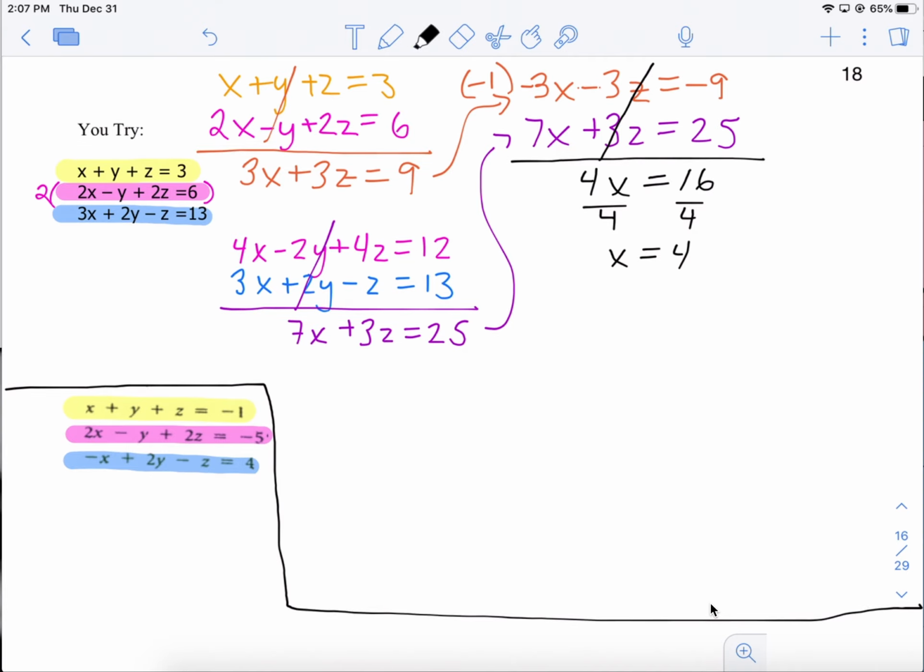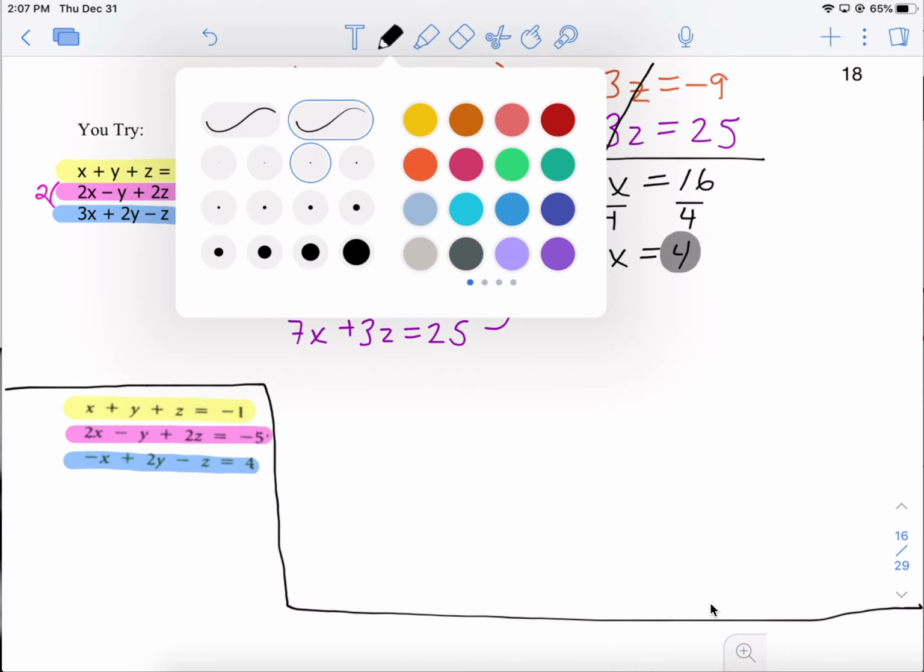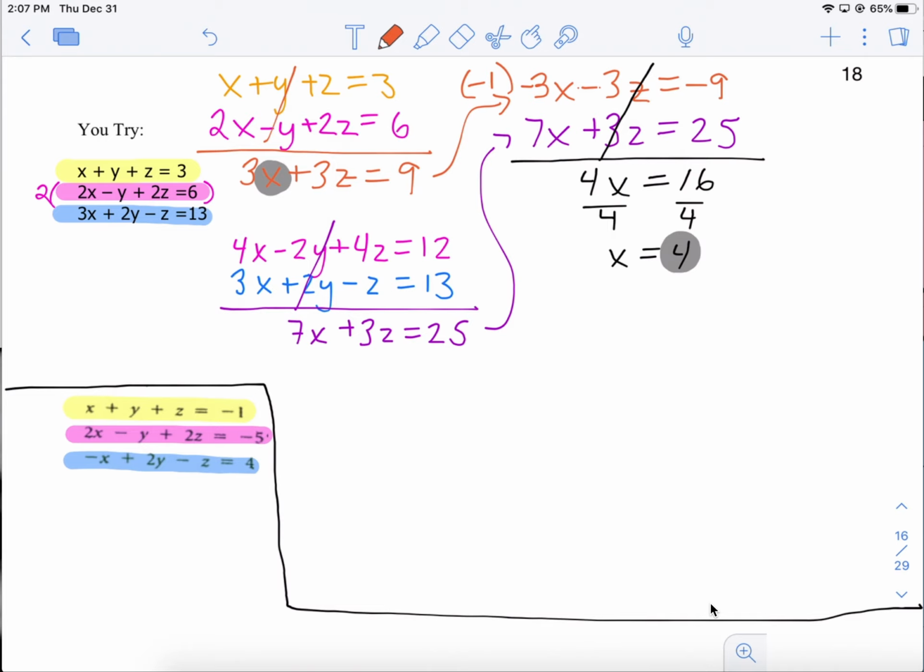So you have to go back to the purple or to the orange equation. I'm going to take that 4 and plug it back into the one with the lower numbers, so my orange. So if I go back to the orange equation, we are going to do 3 times 4 plus 3z equals 9. I'm going to plug that 4 back in where the x was.